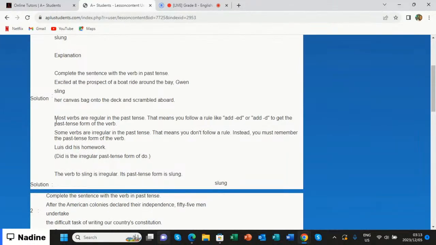All right, so we say that most verbs are regular in the past tense. This means that you follow a rule where we add an ed or we add a d, like we mentioned earlier on, in order to get the past tense form of that verb. However, we also have some verbs that are irregular within the past tense.